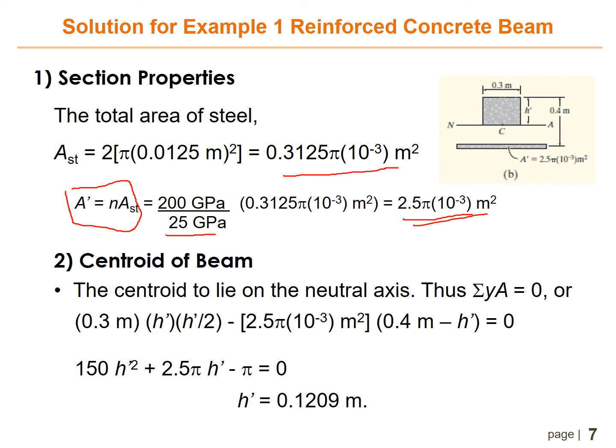You can simplify this equation into 150 h prime squared plus 2.5 pi h prime minus pi equals 0. Solving for the positive root, we get that h prime equals 0.1209 meter.